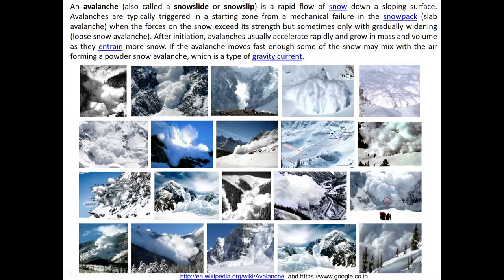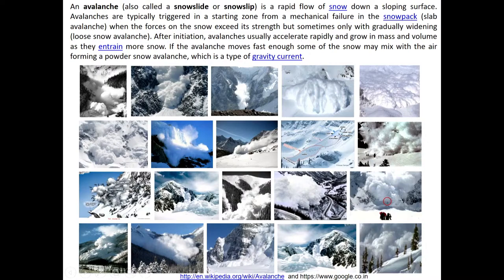After initiation, avalanches usually accelerate rapidly and grow in mass and volume as they entrain more snow. If the avalanche moves fast enough, some of the snow may mix with the air, forming a powder snow avalanche. So there is the slab avalanche, the loose snow avalanche, and the powder snow avalanche.